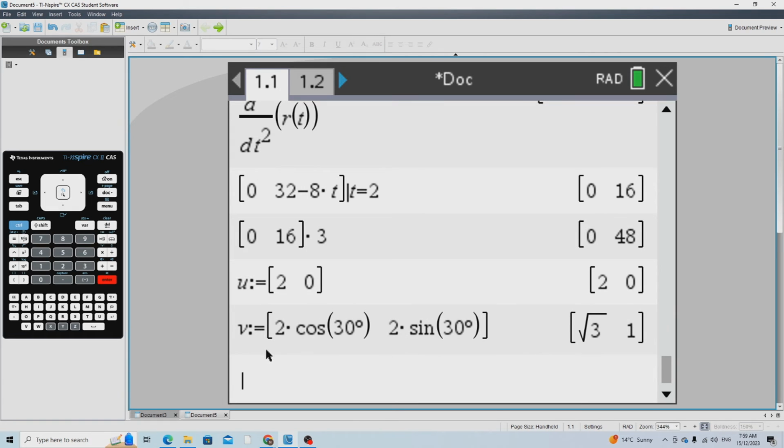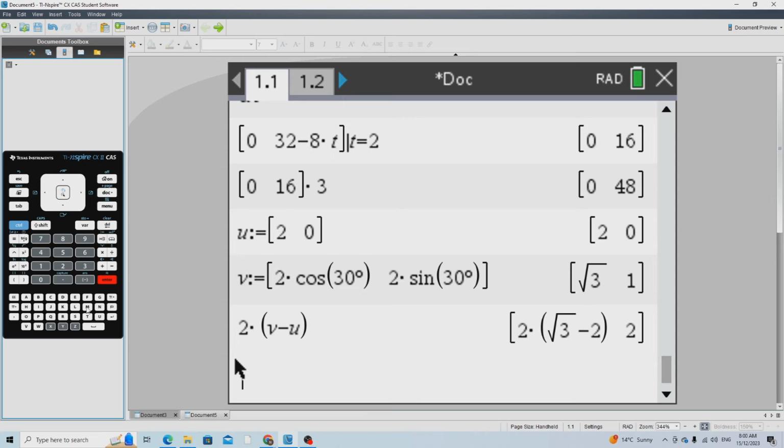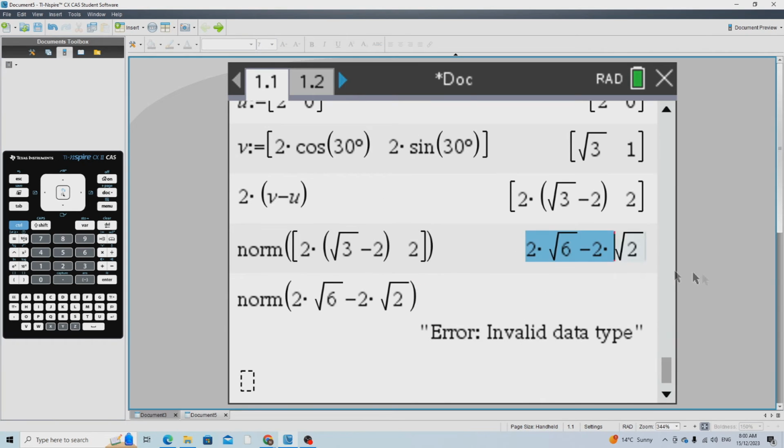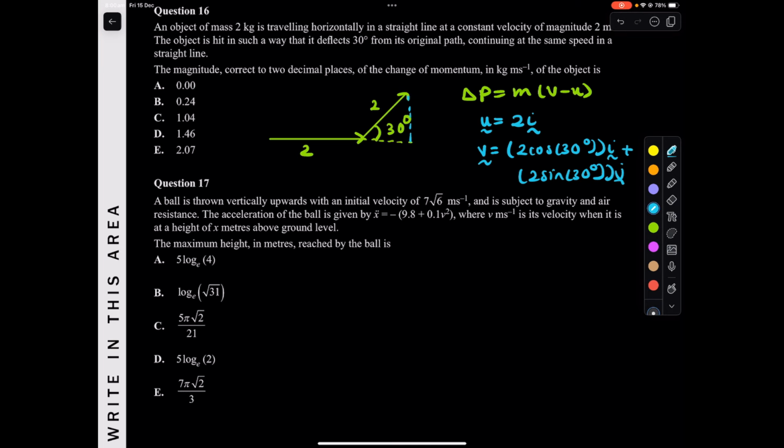So we've got V and U now. Have we made any mistakes? Great. So remember, change in momentum is mass, which is 2, times the change in velocity, so V minus U. Enter, and we get this. And remember, we want to find the magnitude. The question tells us the magnitude, so norm. So the magnitude of the answer is, Control Enter, what? So that's your answer. It's 2.07, which is E.